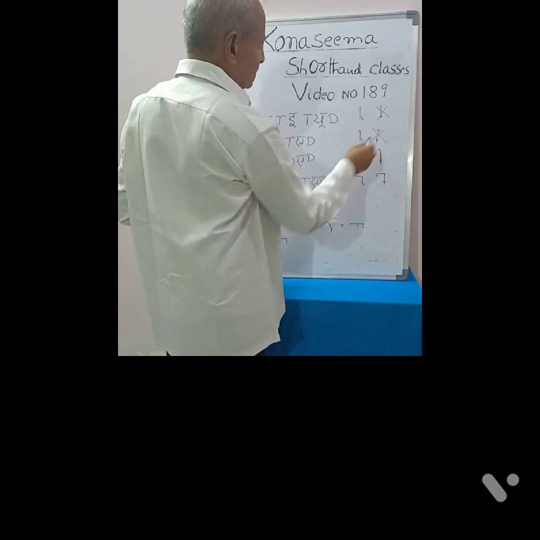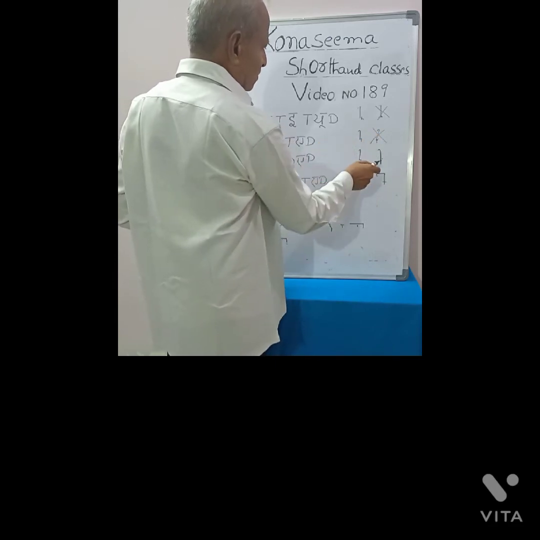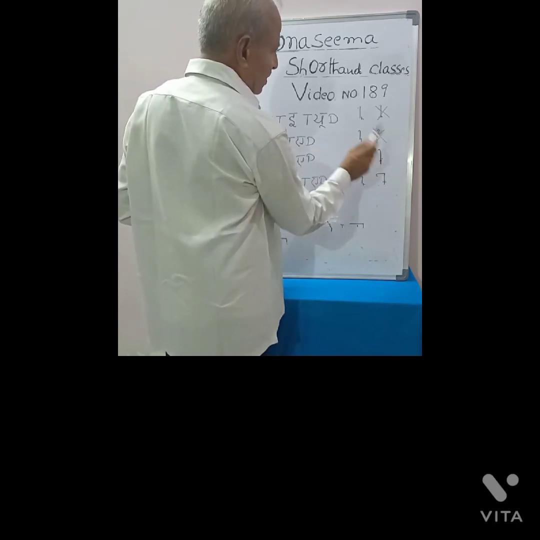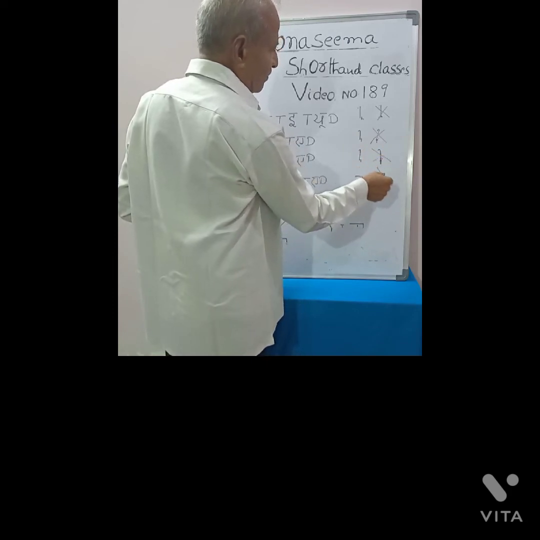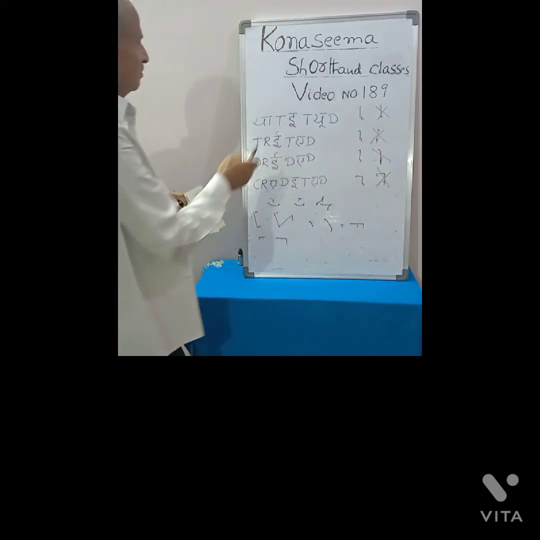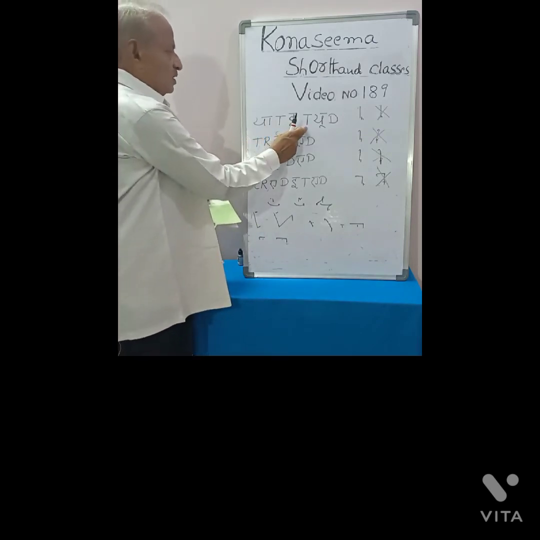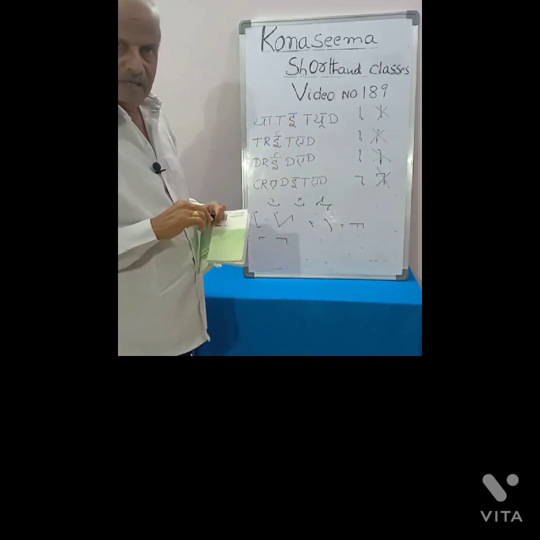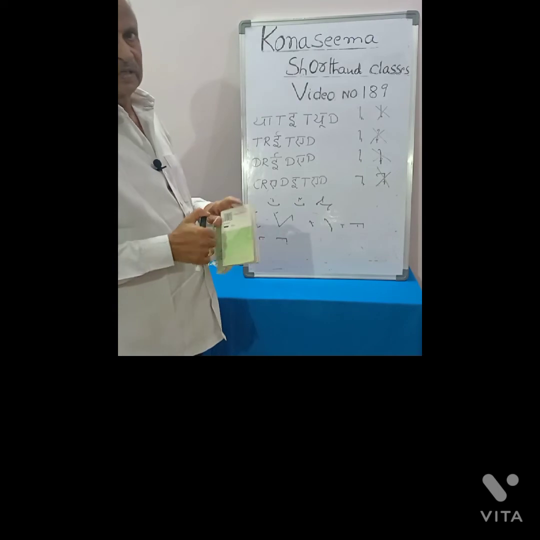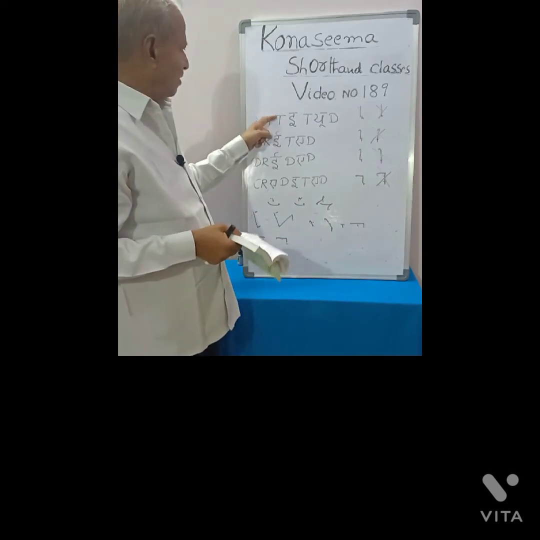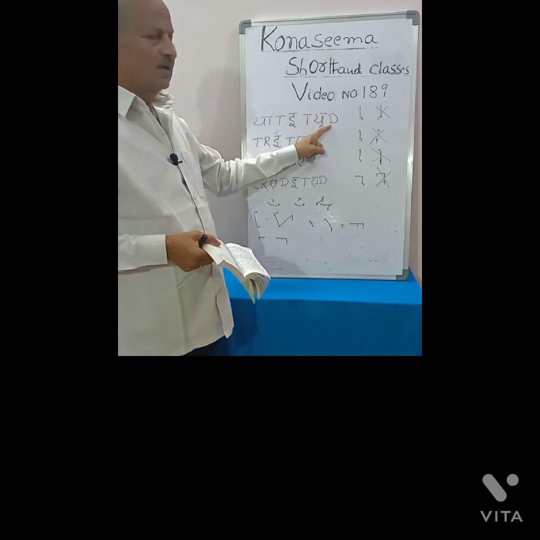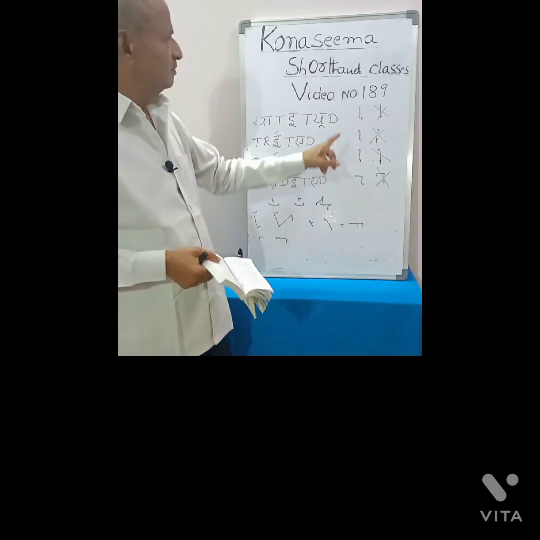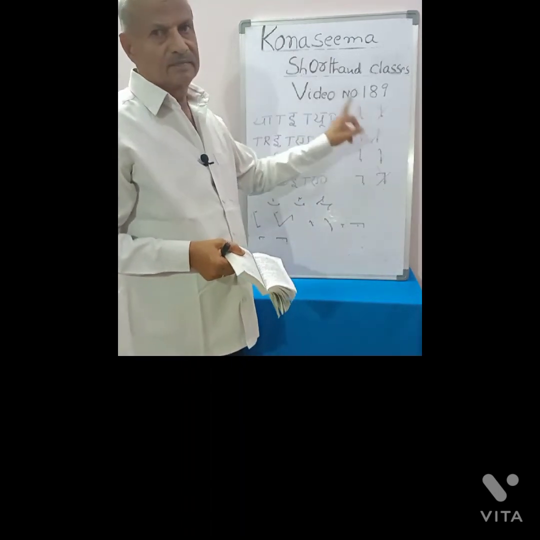And hence we have to write like this. Dreaded. Credited. We can't identify. That's why when half length T or D is following another T or D, the half length form should be written by disjoining.